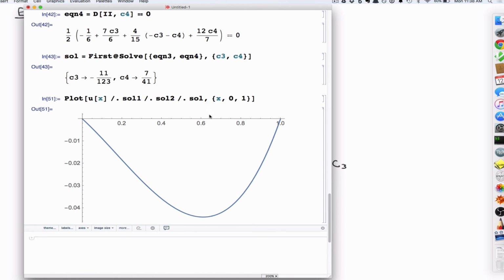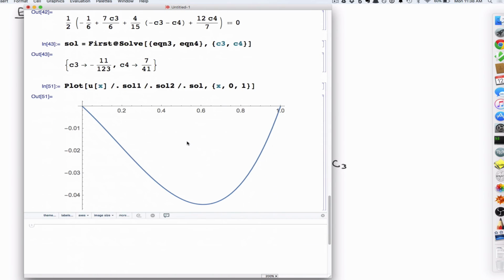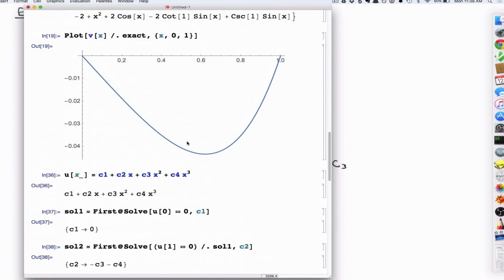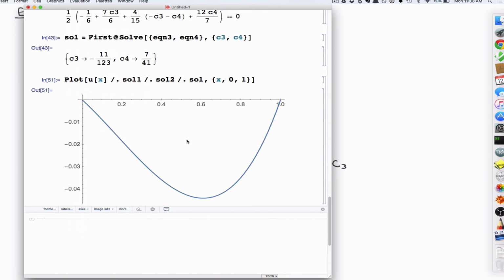So a little better, right? And of course, I can go on increasing the order of the interpolation, until eventually it'll match exactly. But it's pretty close even with just a third order polynomial.